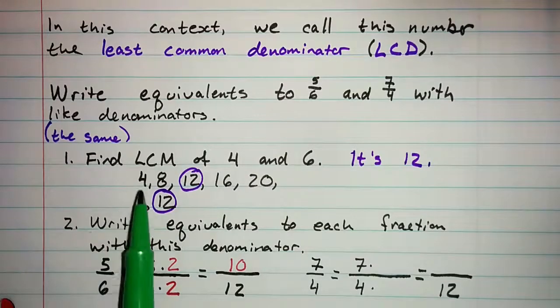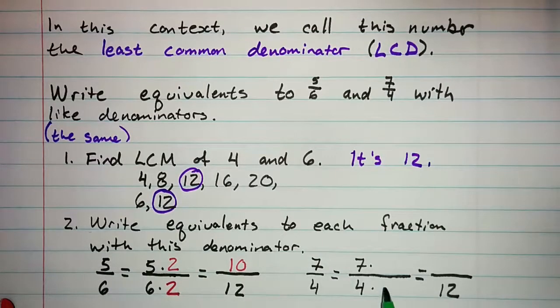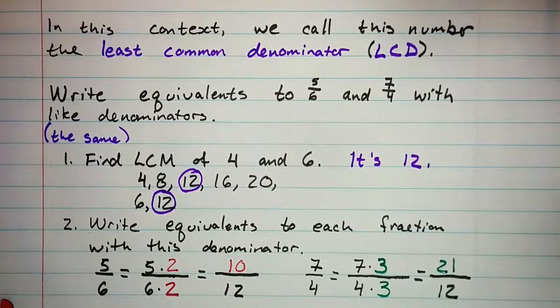Again, we could either count in our list 1, 2, 3, or check our multiplication table. 4 times 3 is 12. Because we're cutting each fourth into 3 equal parts, each of our 7/4 will be cut into 3 equal parts. And we'll end up with 7 times 3 is 21/12.